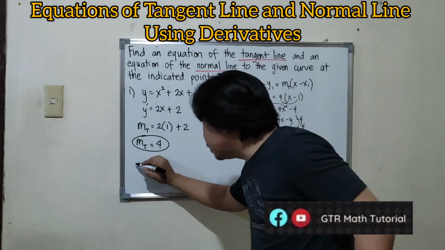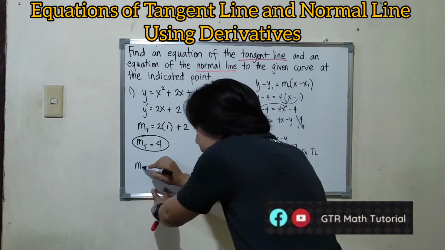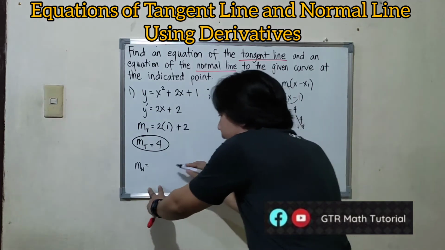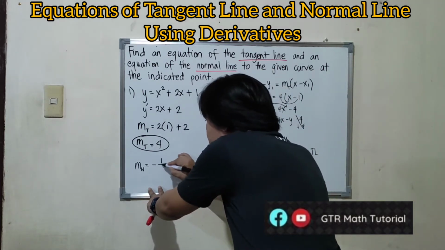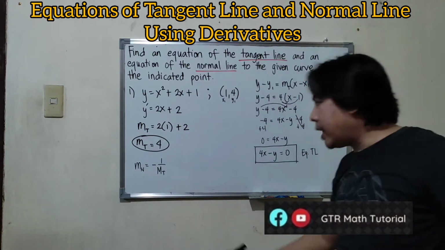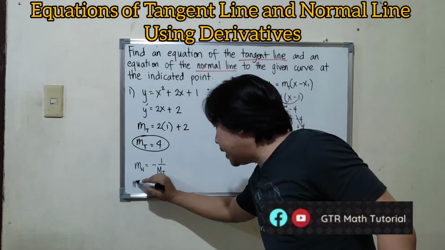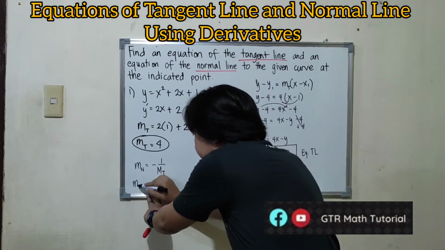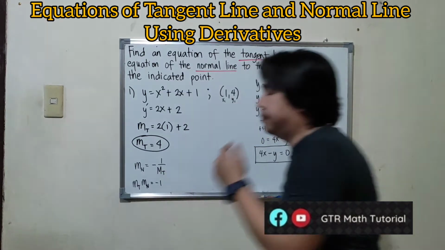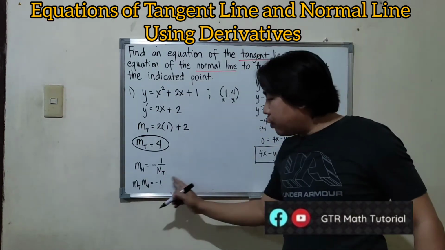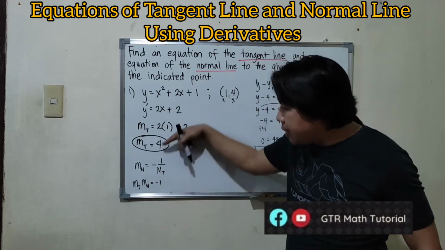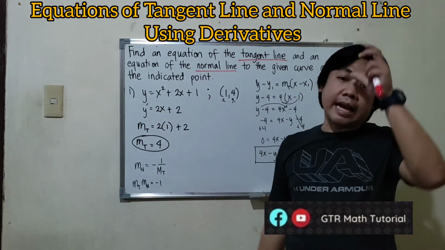So the slope of the normal line, m sub n, is equal to negative 1 over the slope of the tangent line. So to find the slope of the normal line, just get the negative reciprocal of the slope of the tangent line.